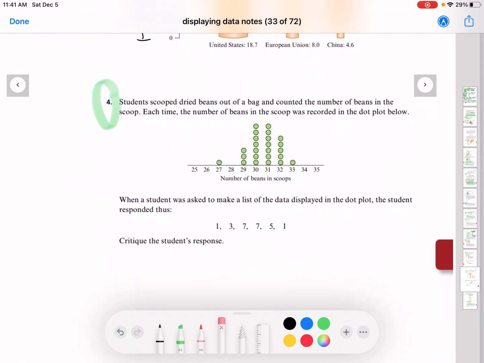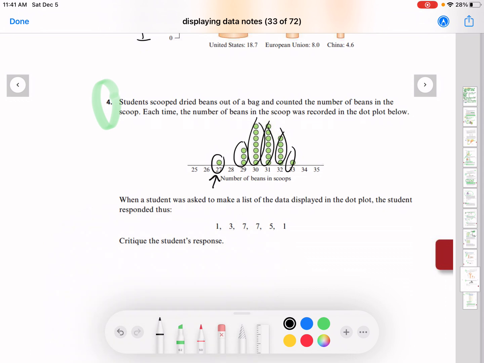All right, and this last example says this student interpreted, this is the same like a bean problem. You're scooping out beans with a scoop. And one scoop there was 27 beans, 3 scoops there was 29 beans, lots of scoops there was 30 beans. And the student looked at this and said 1, 3, 7, 7, 5, 1. But that doesn't interpret the data.